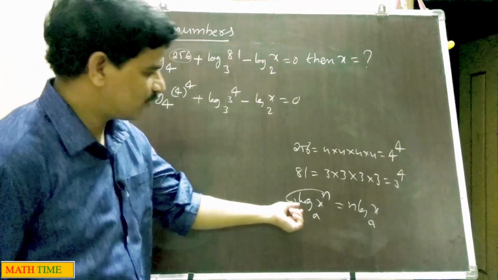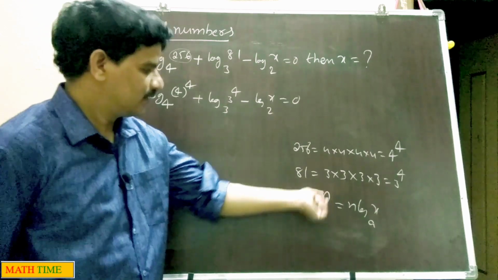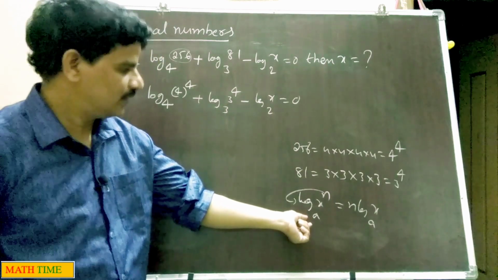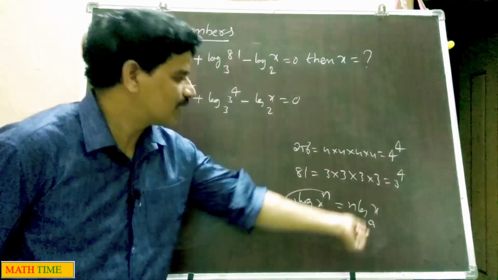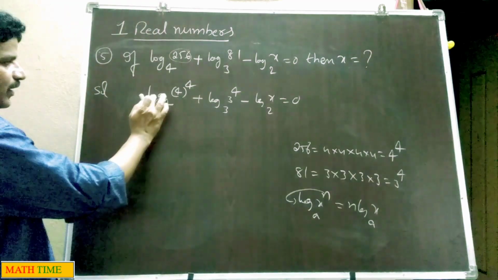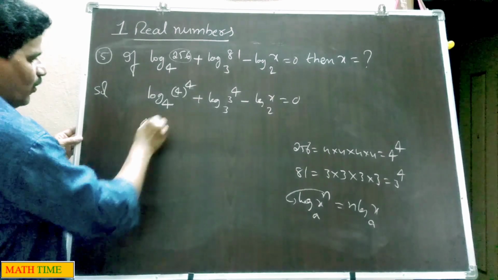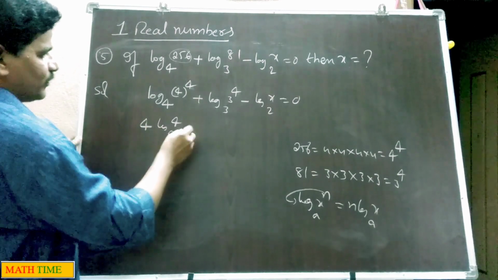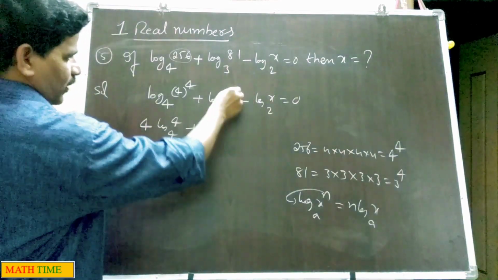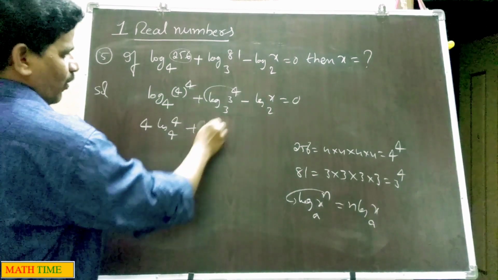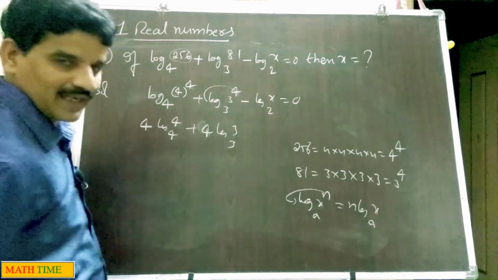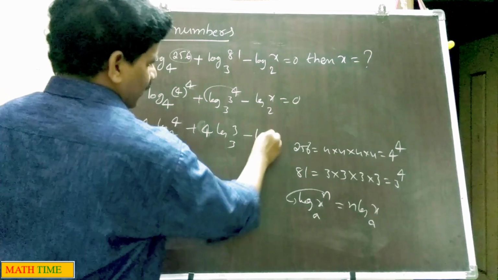Wherever you have log x power n to the base a, n comes in front. Here log 4 power 4 looks like that, therefore 4 log 4 to the base 4 plus 4 log 3 to the base 3 minus log x to the base 2 equal to 0.